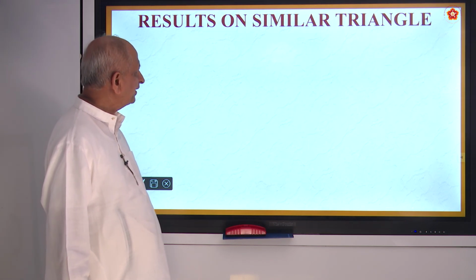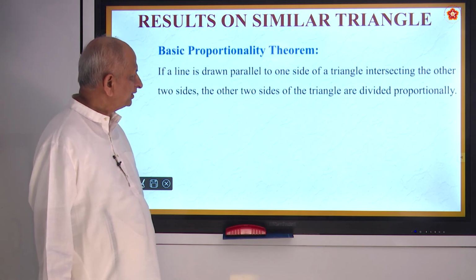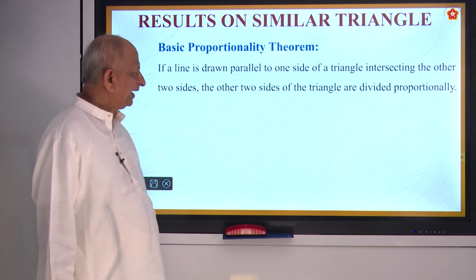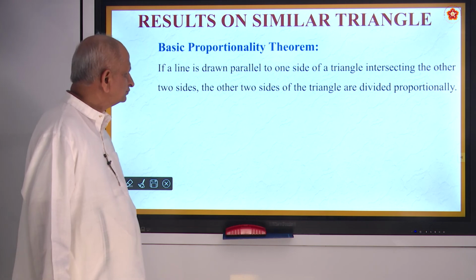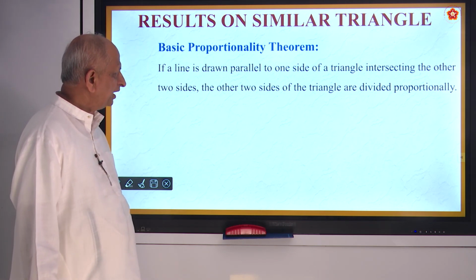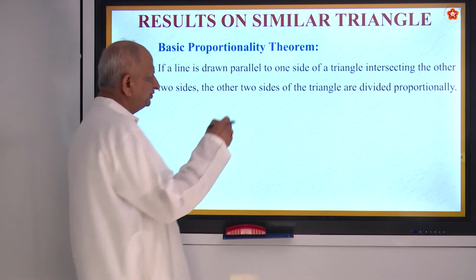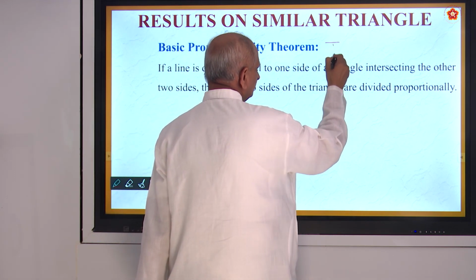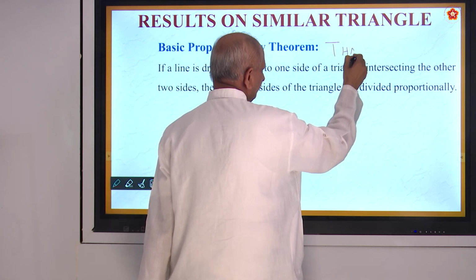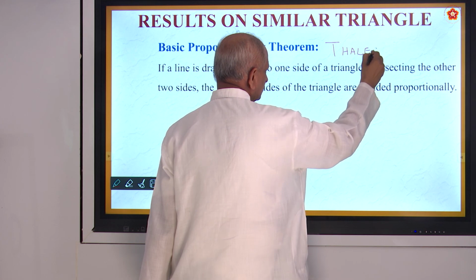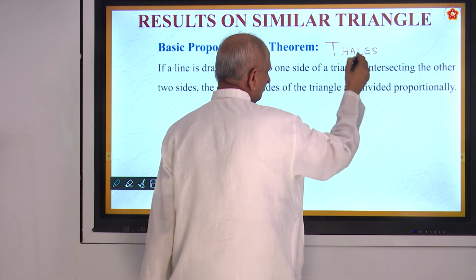Now we will see some results. Results on similar triangles. It is also called the basic proportionality theorem, also called Thales theorem. Thales is a very famous mathematician, rather geometrician.